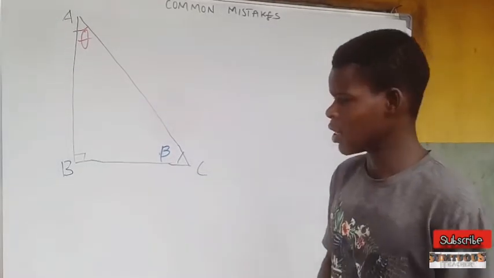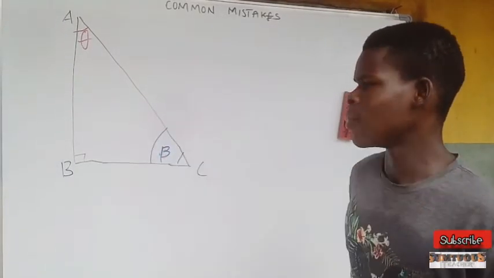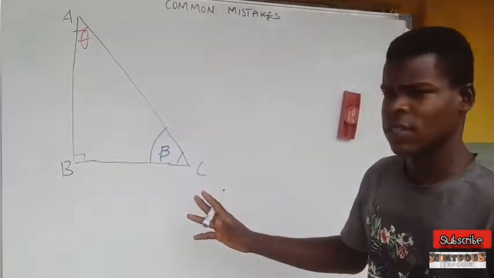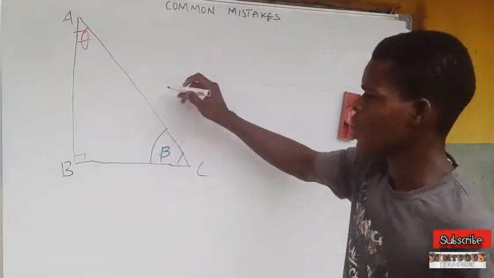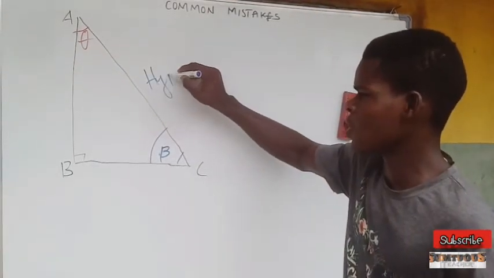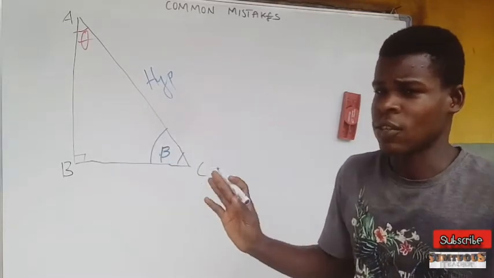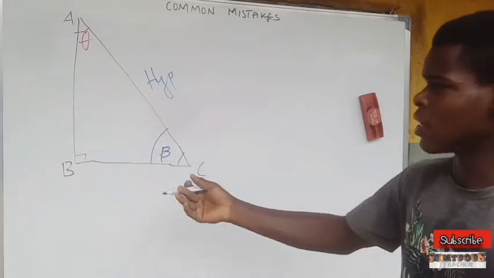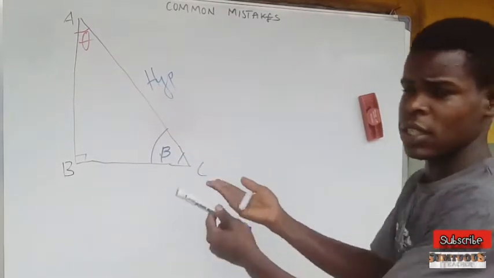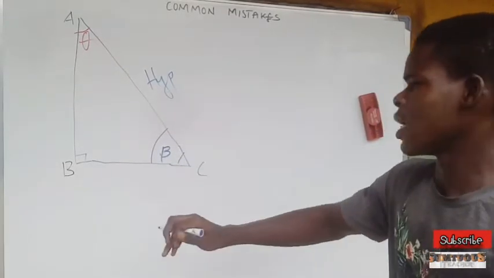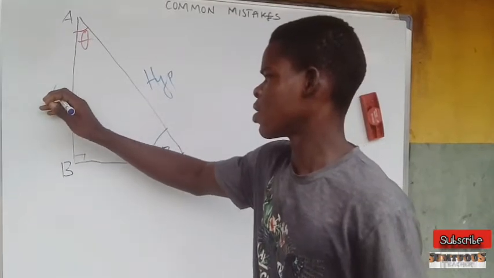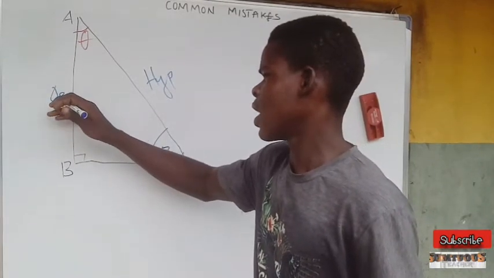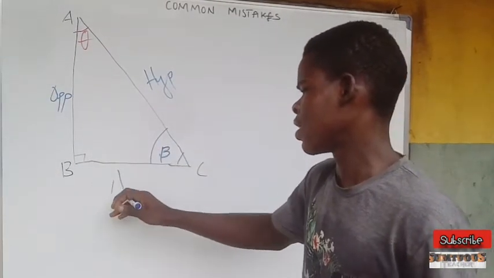Because of that, they position the opposite where the hypotenuse is. The hypotenuse side is always constant. It is the longest side. When students get questions like this, all they do is say this is always the opposite, and this is the adjacent.